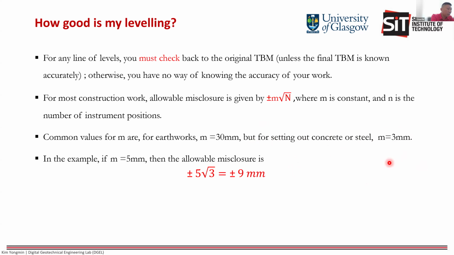If the error is too big, then later on, when you want to build up your structure on top, or connect the steel beam or column, it cannot align to the holes of the nails or the screws. So in this example, we use 5. It's in between, slightly more than 3 mm, but also quite a high standard.